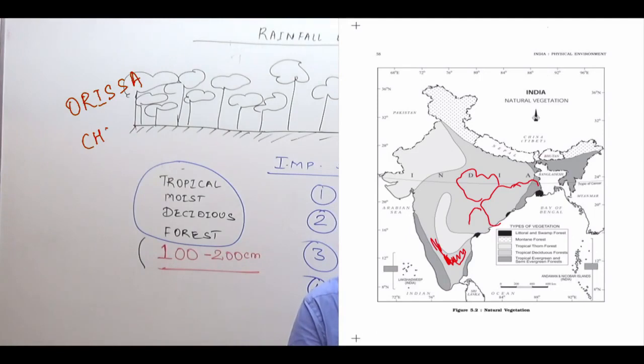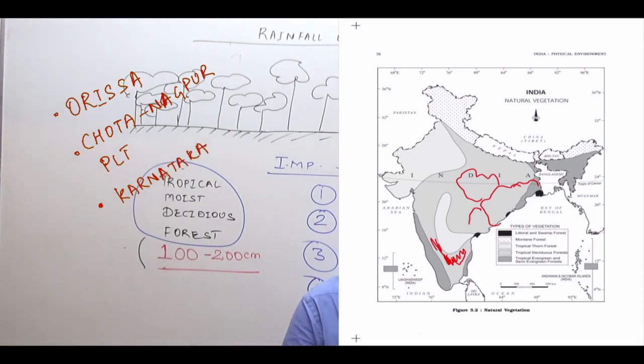Chota Nagpur Plateau, Karnataka, parts of West Bengal, and Andaman and Nicobar Islands.